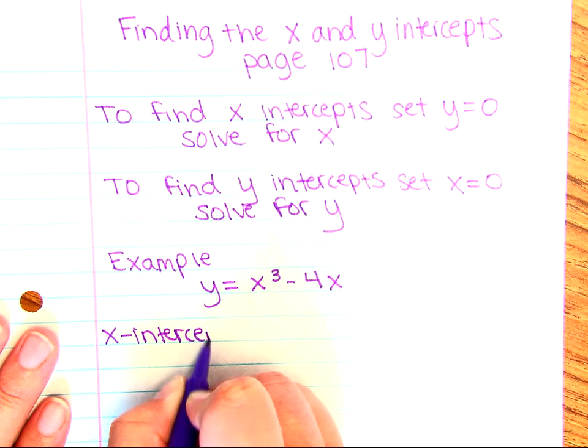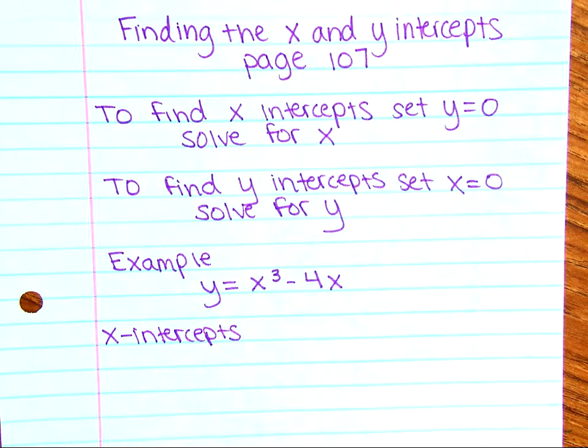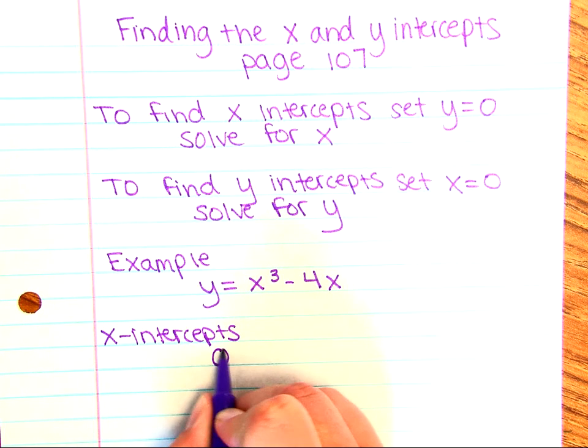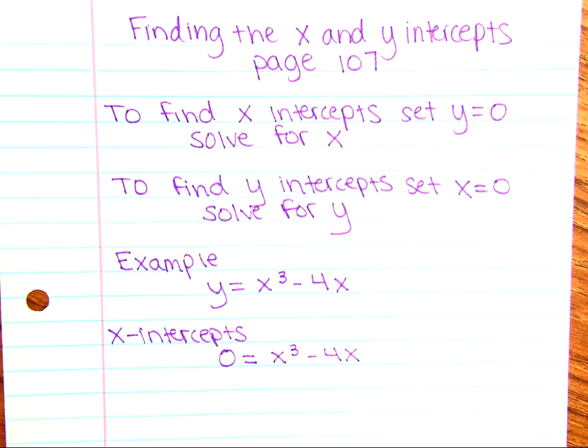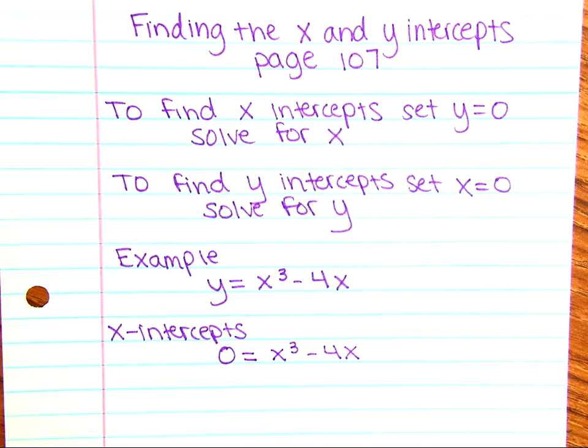Again, if you haven't paused the video, see if you can pause the video and figure out, let's find the x-intercepts to start. So to find the x-intercepts, I set y equal to 0, and I solve for x. Well, how am I going to solve that for x? Well, it's a cubic.